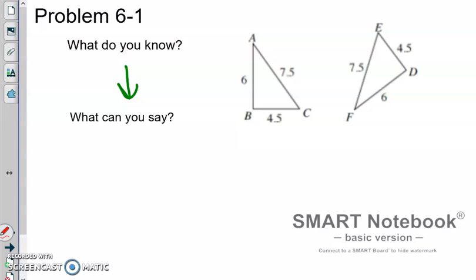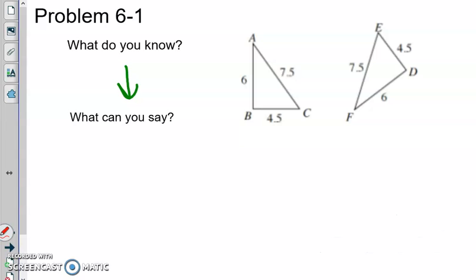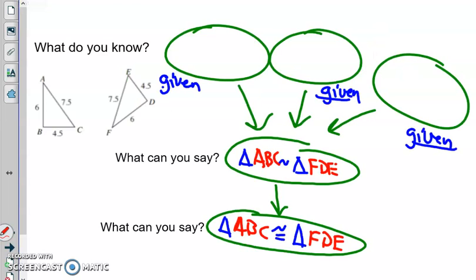So the flowchart for this problem is going to look something like this. What do we know? And when we talk about flowcharts, especially if we're starting off with these triangles, we're going to try to use our similarity rules. That's the first thing. Are the triangles similar?